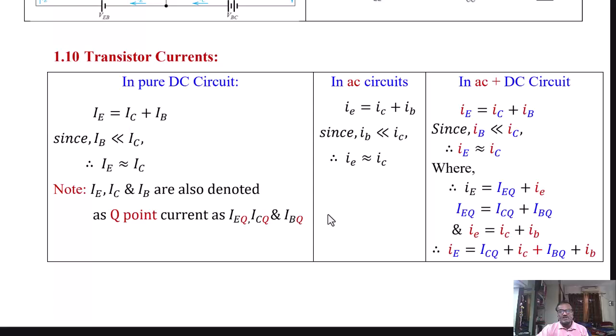In the second column, the relationship IE is equal to IC plus IB is shown with small letters. Normally small letters are used for indicating time varying or signal quantities. In the third column, we have a mixture of small case letters with capital suffixes. It indicates AC plus DC quantities.